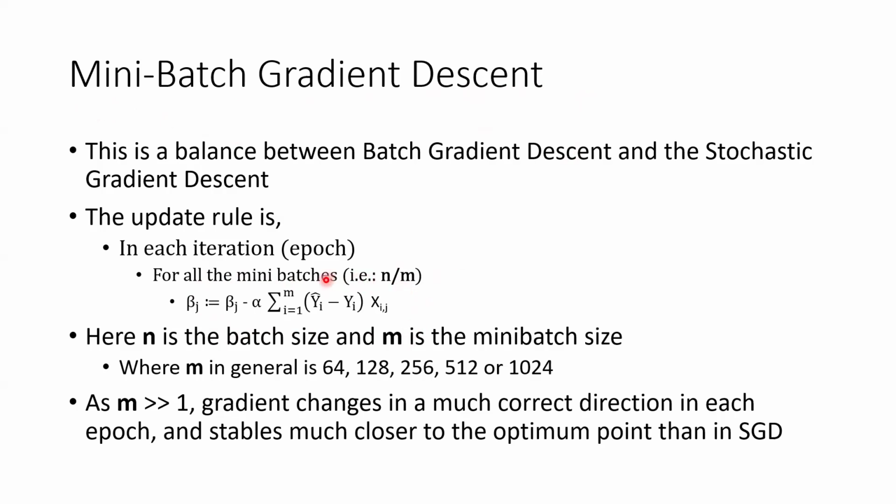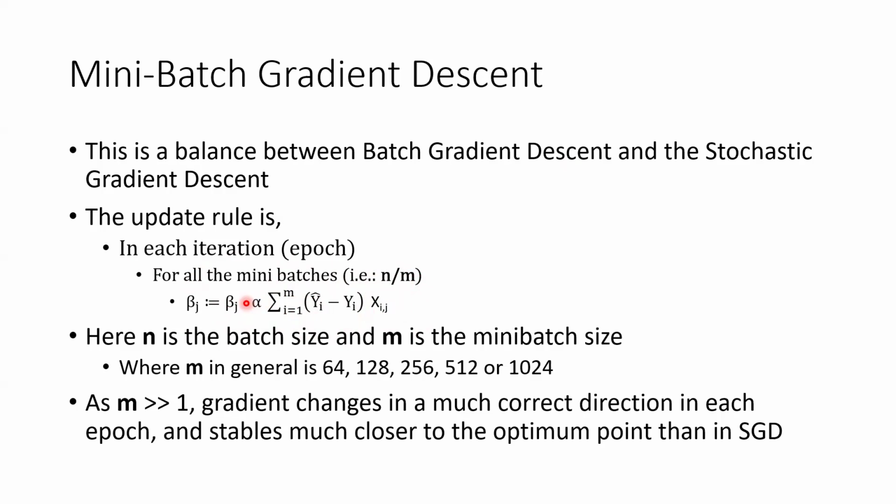So the updating rule is similar to the batch gradient descent, but instead of using the whole batch, you are using a small batch with the size m, right? So if the total number of data points n is 100,000, maybe you can use a batch size of 100, so that you can get these values added. And when you get 100 data points, most probably it would be representing the distribution, right?